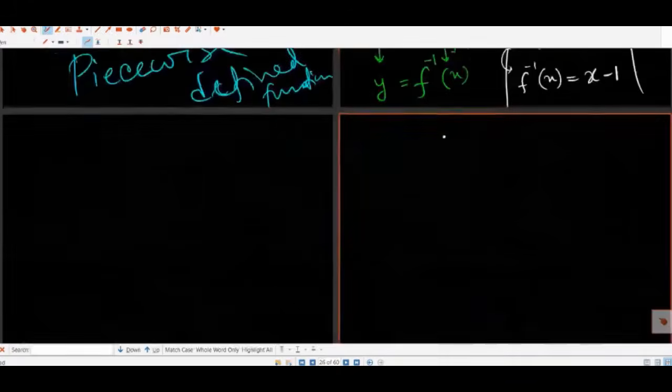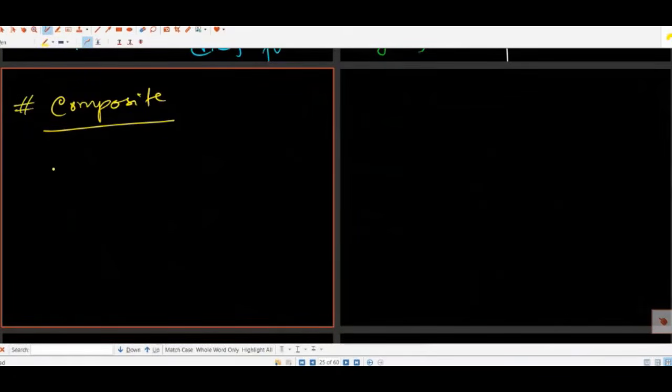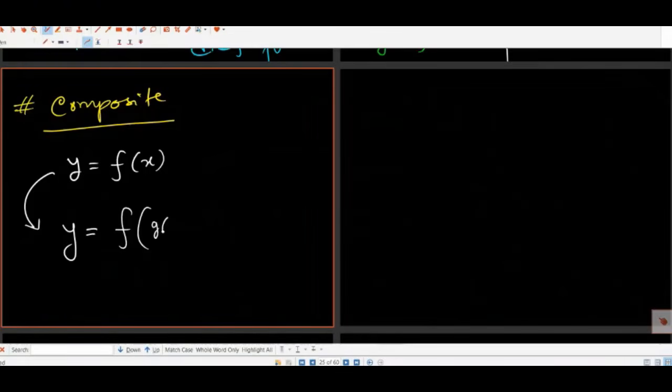Besides inverse function, you have to know about composite function. So what is composite function? We know that y equal to f of x. This is the common notation for function. So somehow you may have some functions where inside the parenthesis we can think of another function. So that function is called the composite function.